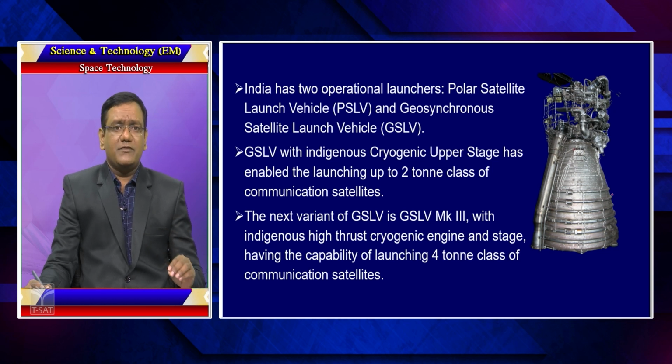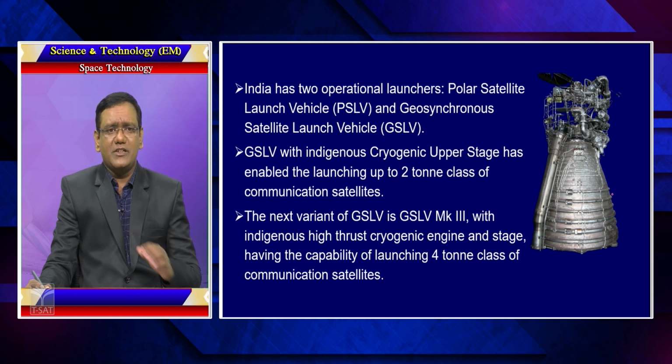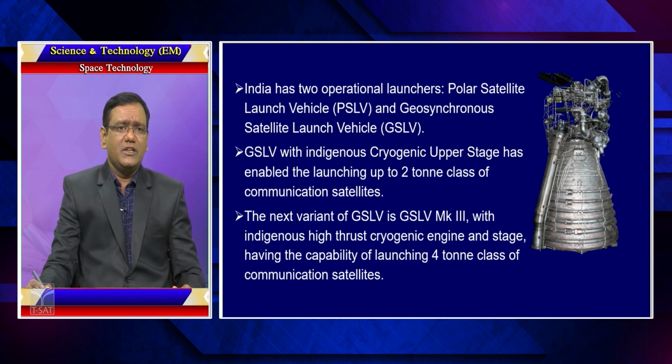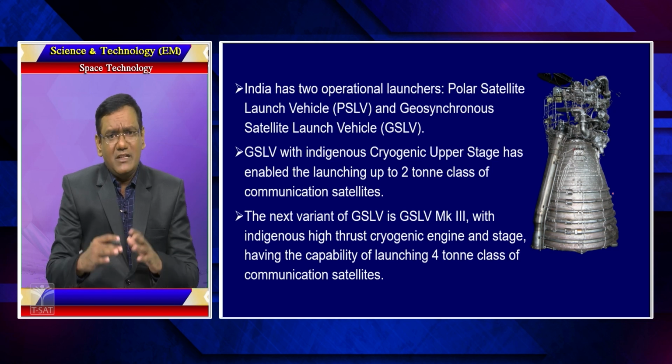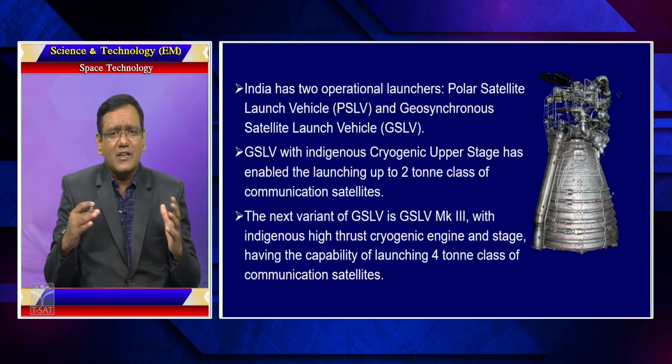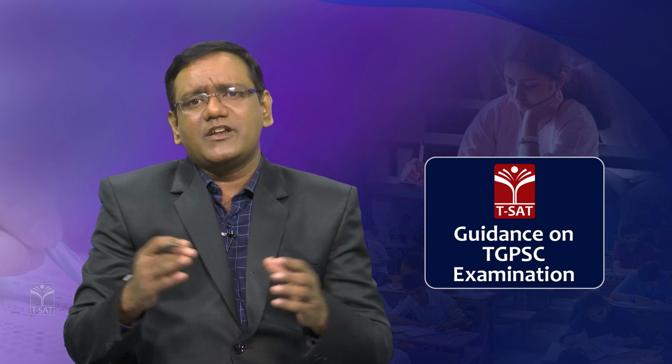The next variant of the GSLV is the GSLV Mk3 with the indigenous high thrust cryogenic engine and a stage having the capability of launching 4-ton class of communication satellites. If we want to use a smaller satellite, it will have less weight; bigger satellites will have more weight.